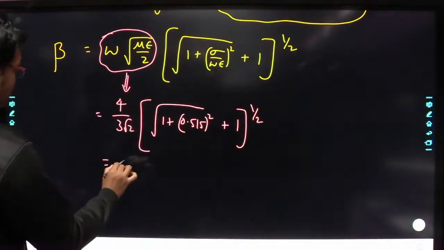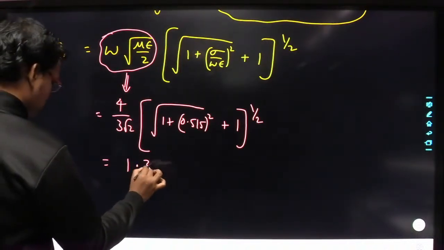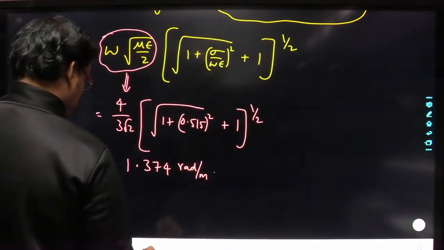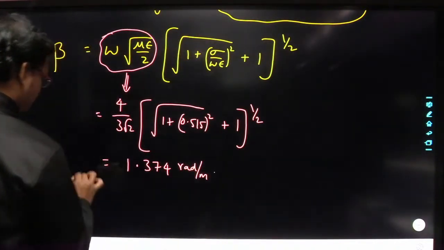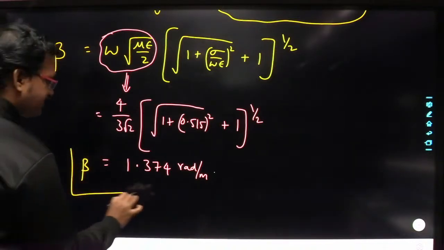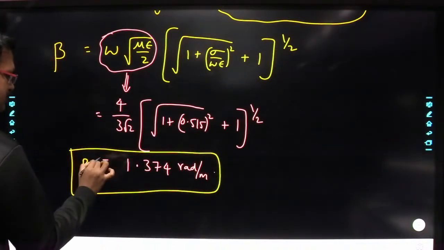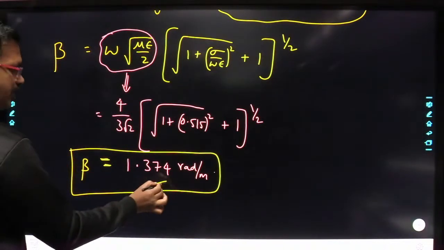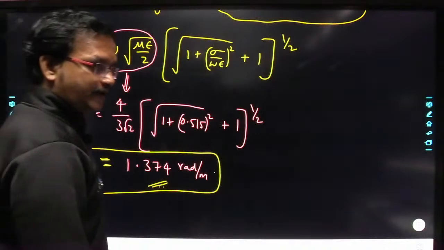Okay, so you are going to get 1.374 radian per meter. So this is beta value. So beta value you will get it as what? 1.374 radian per meter. Okay.